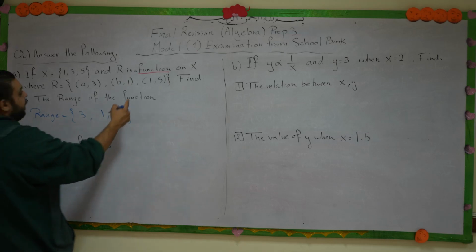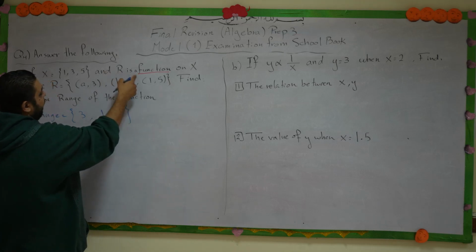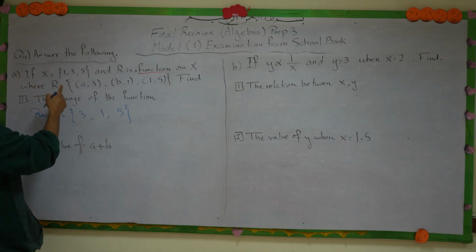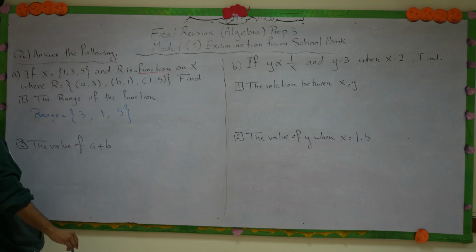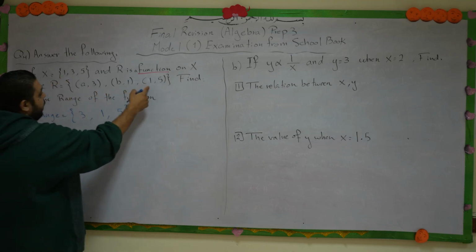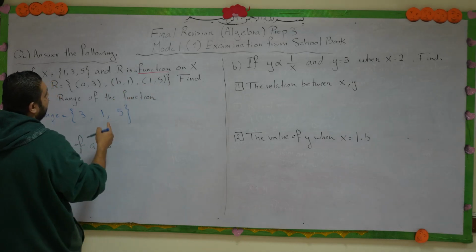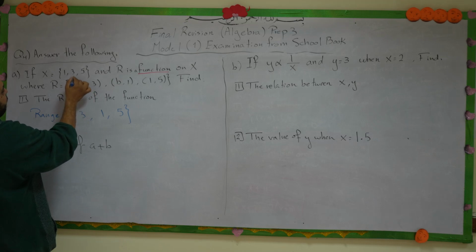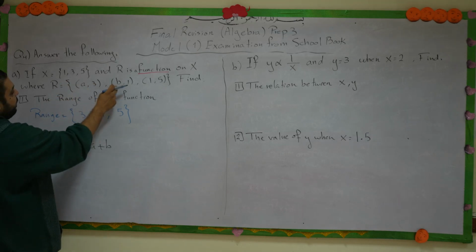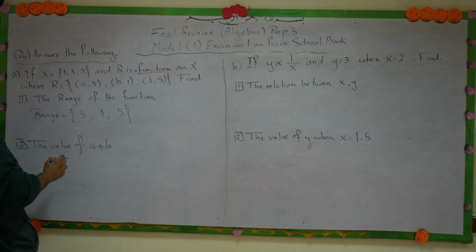We need the value of a plus b. We know that R is a function, which means that there is one image for each element in X. 1 already has an image, the 5. So a will be either 3 or 5, and b will be 3 or 5.